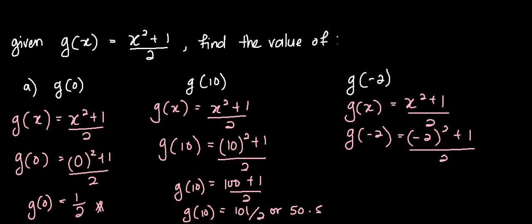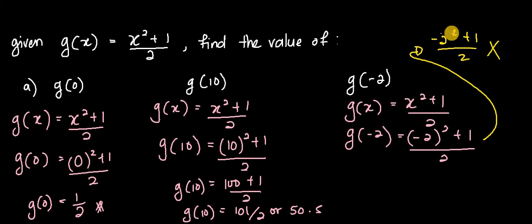Now one thing that I would like to highlight is that most students make a mistake in this kind of question: when they substitute their values inside x, they do not put in a bracket. For example, for the same question, most students will do it like that. You will get a wrong answer, because when you put it in a calculator, it will just assume that the square is for 2, not for negative 2.